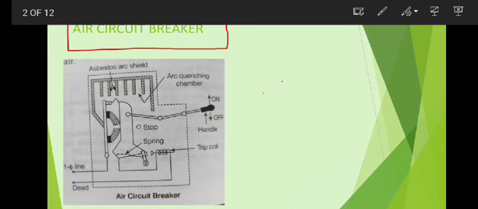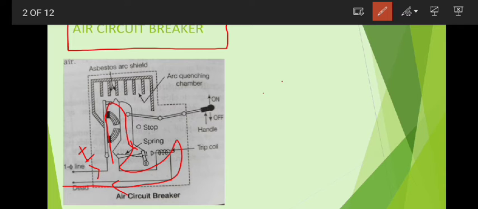Here the current is single phase, the current will pass through this circuit, and this is the return path.